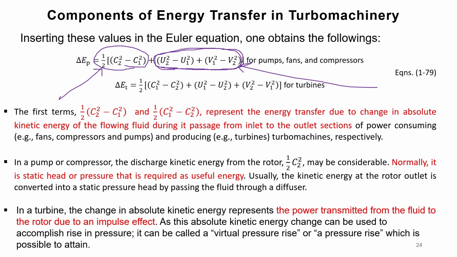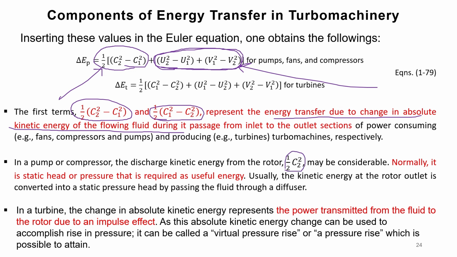I'll talk about it in a second, but just know for now the half c2 square minus c1 square, or in other words, if you are talking about turbine, c1 square minus c2 square by 2, they are representing the energy transfer due to change in absolute kinetic energy of the flowing fluid during its passage, of course, from the inlet to outlet section.